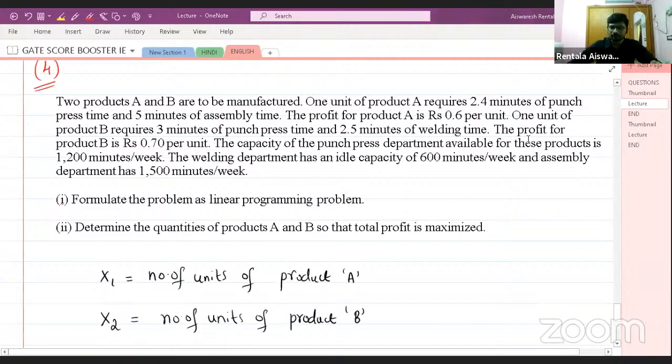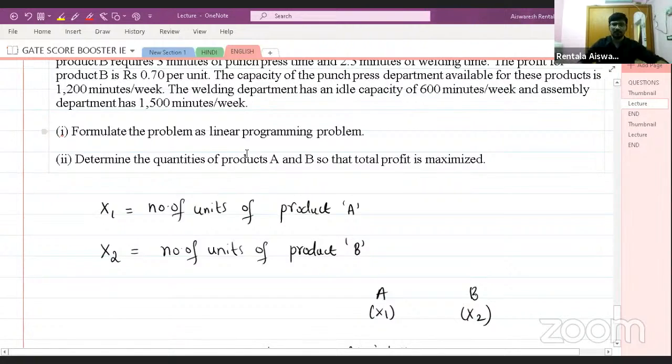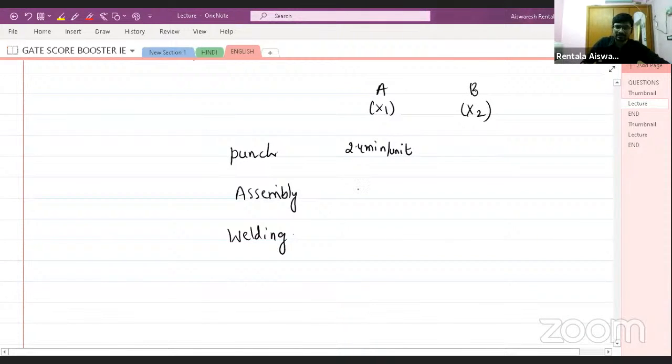So A requires 2.4 minutes for 1 unit of product A. If you want to manufacture 1 unit of product A, it requires 2.4 minutes of punch press time and 5 minutes of assembly time per unit. Regarding welding time, they have not told anything for product A.